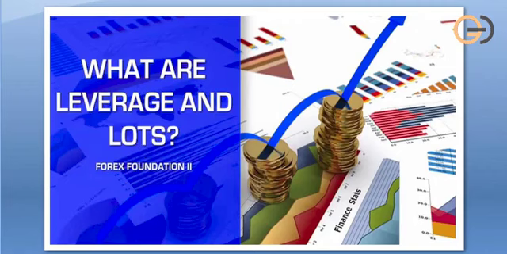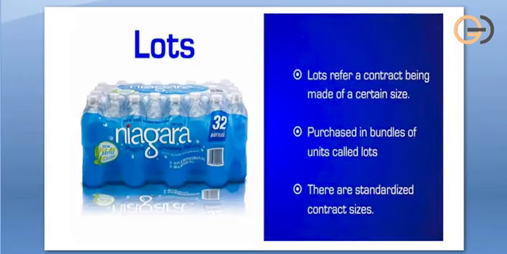All right. So when we talk about lot size, we refer to contracts being made of certain sizes. For example, if you purchase a whole pack of canned water and you buy one, it's not the same. The amount of money you used to buy the pack and the amount of money you used to buy one is not the same.